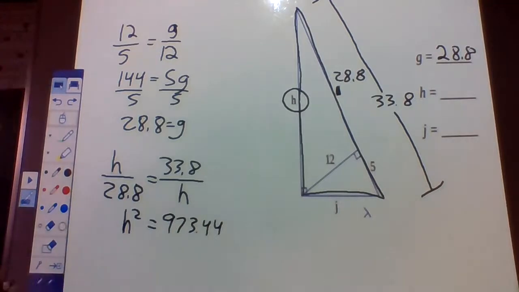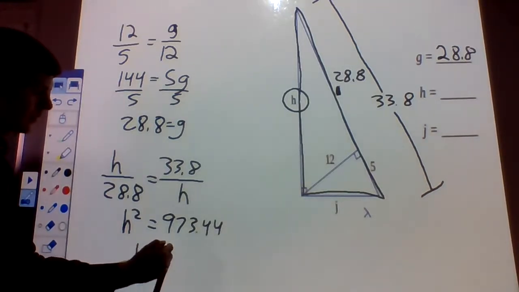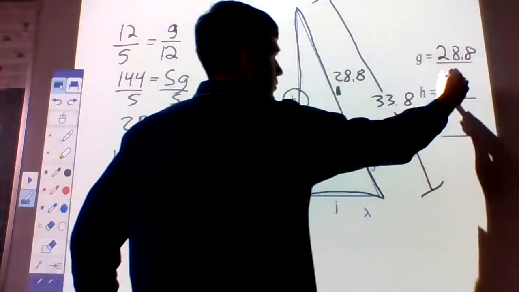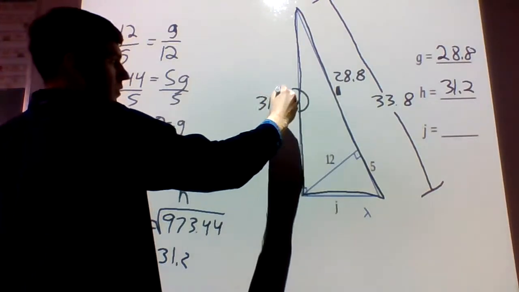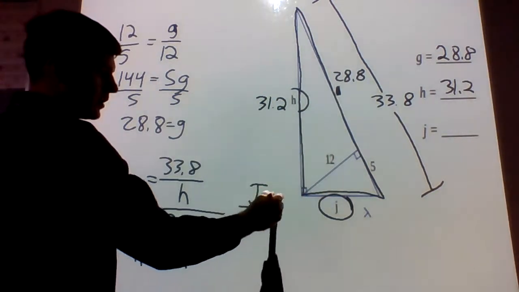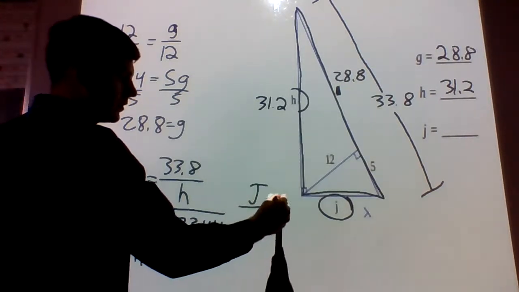Take the square root of that answer, 31.2. Square root to go to the square, 31.2. Okay, and then our last leg here is J. J is a leg. We want to use the closest piece of the hypotenuse, that's 5.